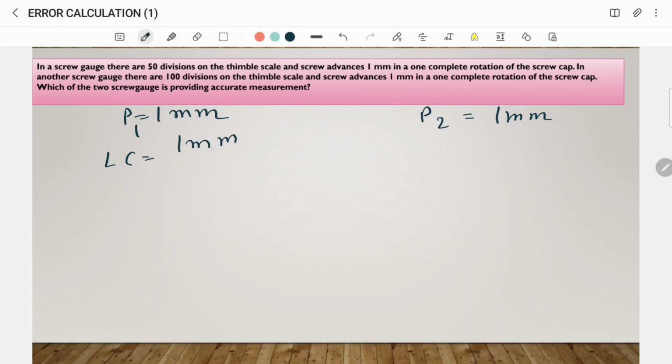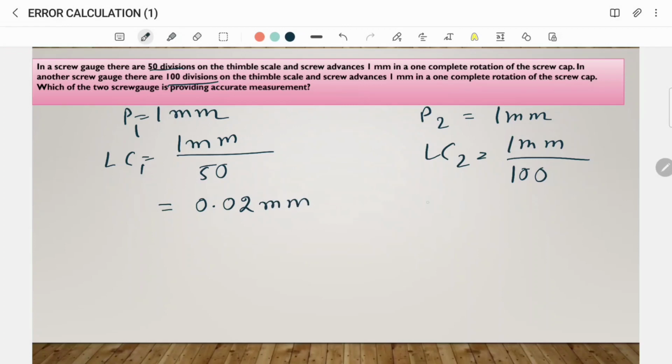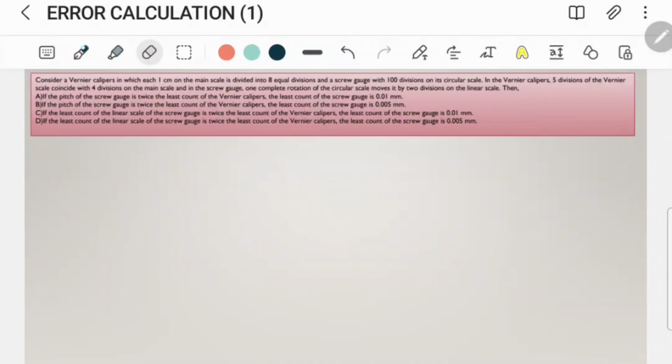The pitch divided by, in the first case, 50 divisions, and in the second case, 1 millimeter divided by 100 divisions. So our least count is 0.02 millimeter, and here our least count is 0.01 millimeter. 0.01 is less than 0.02. So our second screw gauge is providing more accurate measurements.